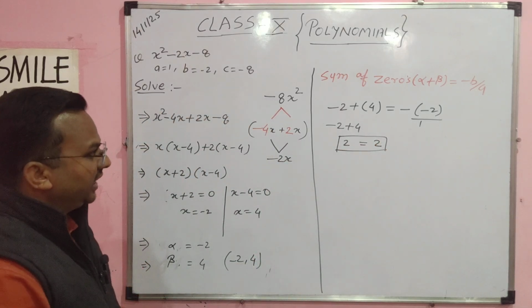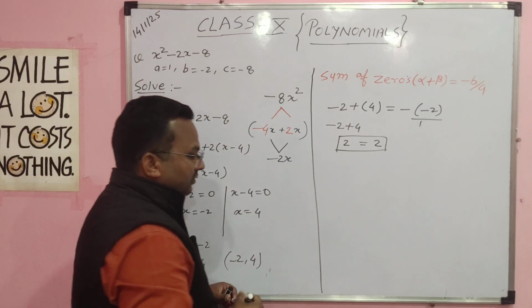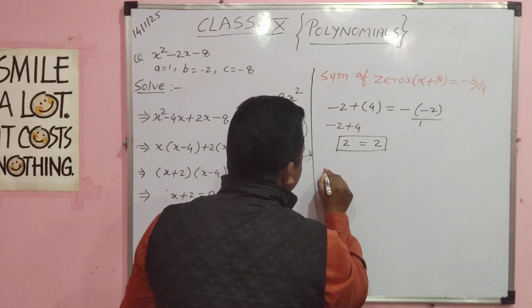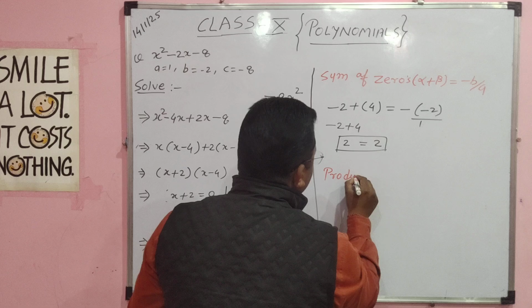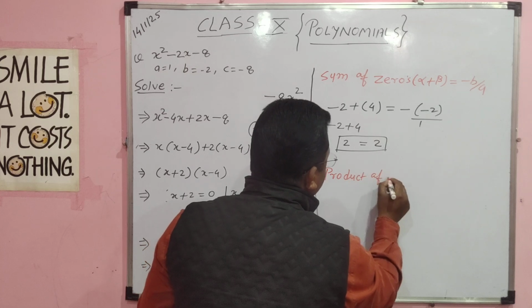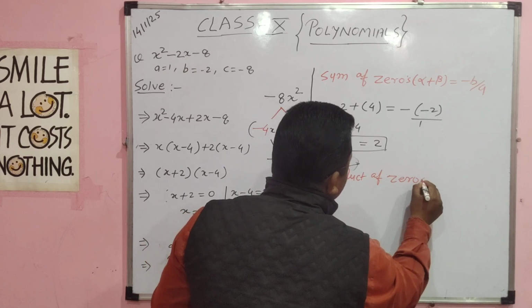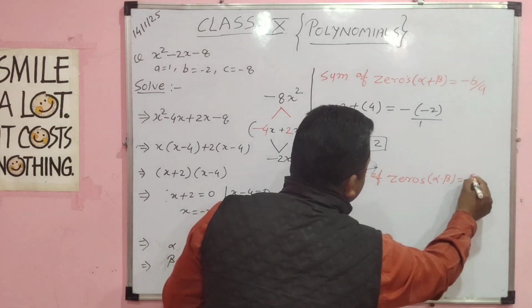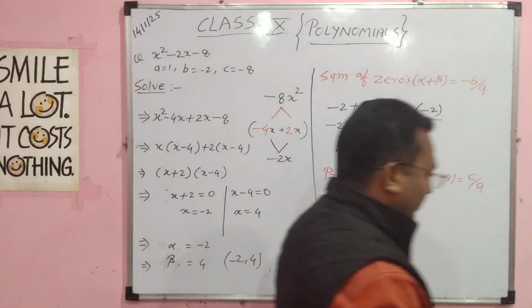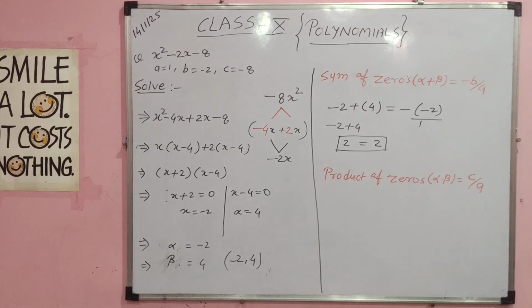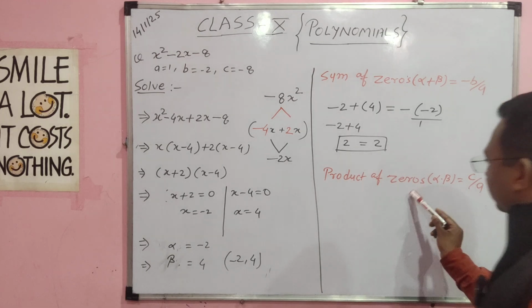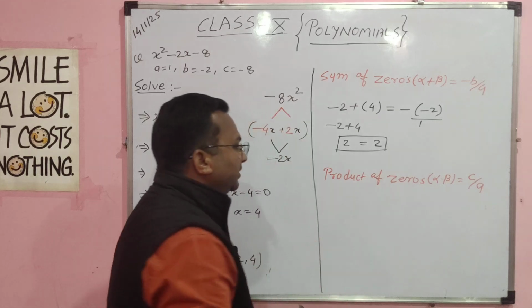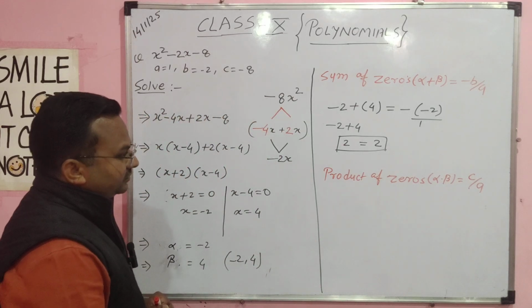And next step is the product of zeros. Product of zeros is alpha into beta equal c upon a. Clear?